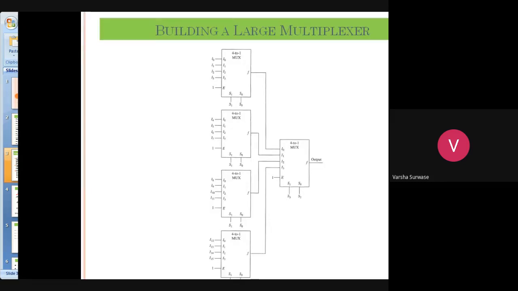These four select lines we are using to select the inputs. So it depends on the inputs. The inputs are from 0000 up to 1111. So these are the inputs you will get at the output.